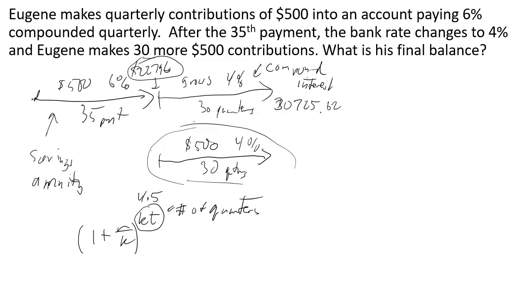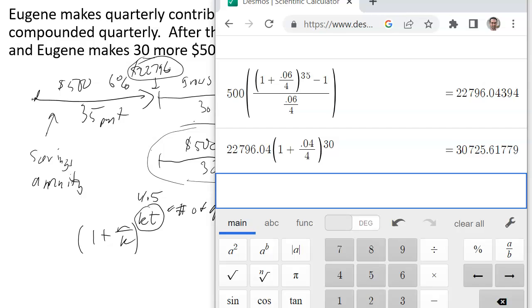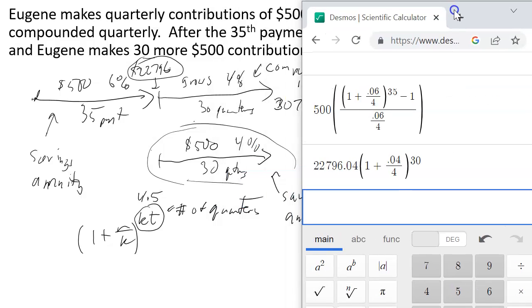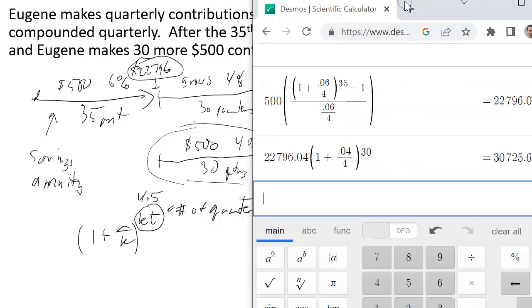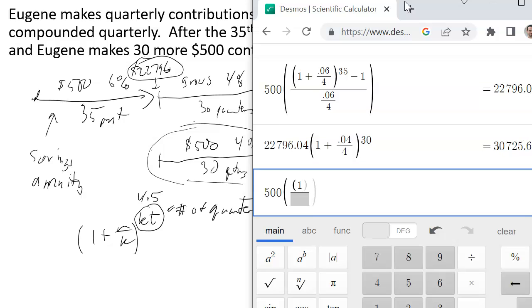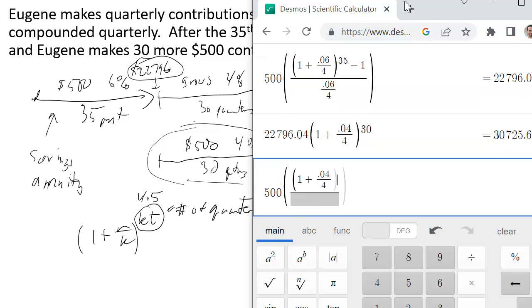And this is just a normal set of contributions into a savings annuity. The only difference between this savings annuity and the last one is that our interest rate has changed and our number of quarters has changed. So we'll set this up just like we did the one before. We'll do 1 plus 0.04, since my interest rate is now 4%.